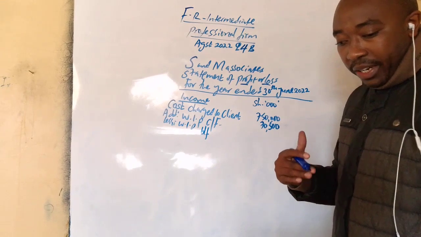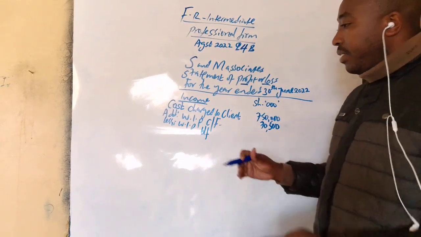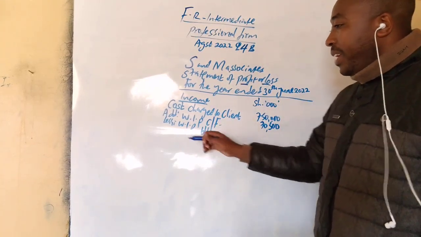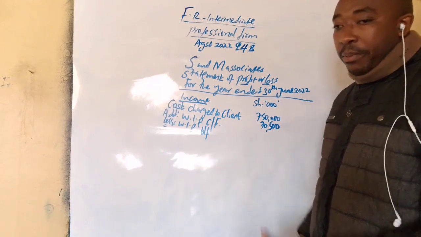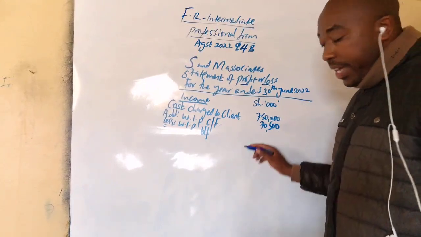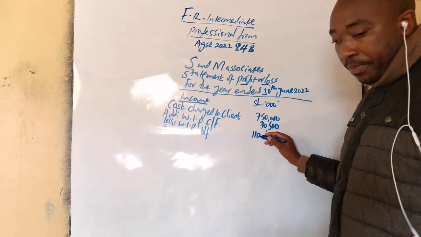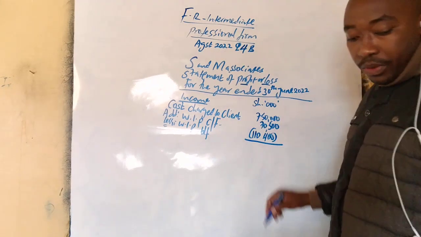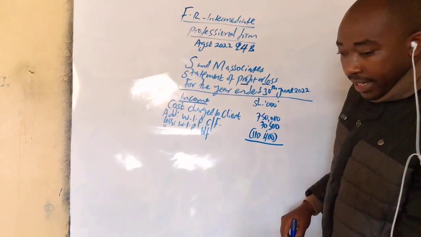And this work in progress brought forward, of course, is cases started in the previous period, and that is why we are lessing them. They relate to the previous financial year. We less 110,400,000.